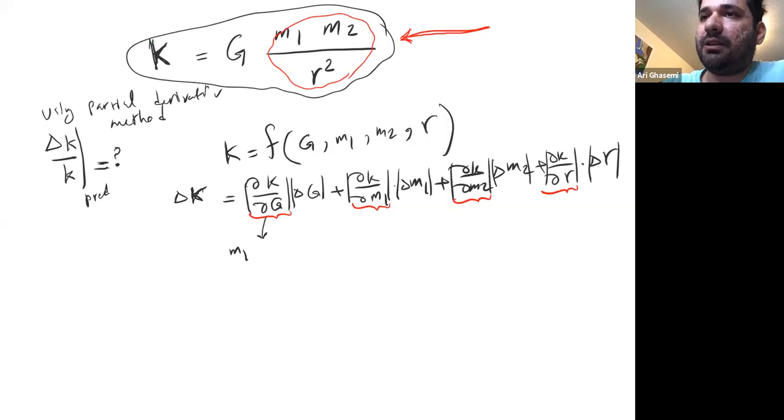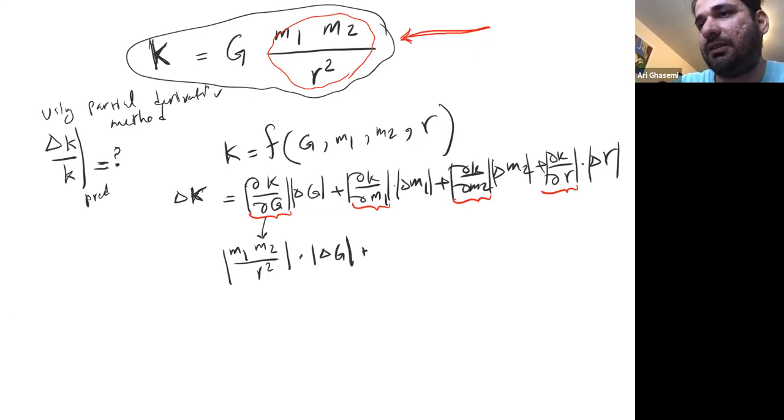So group them together, that constant times G. Now you want to find partial G, then it's simply that constant, M1 M2 over R squared, the coefficient of G, inside absolute value, times delta G. So I got rid of the first term.